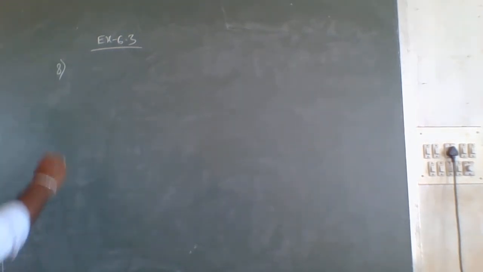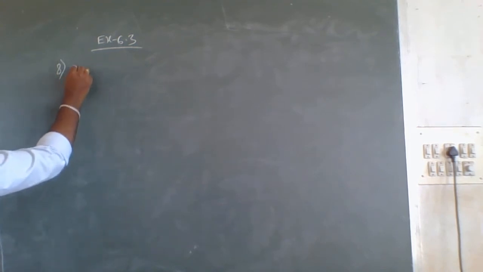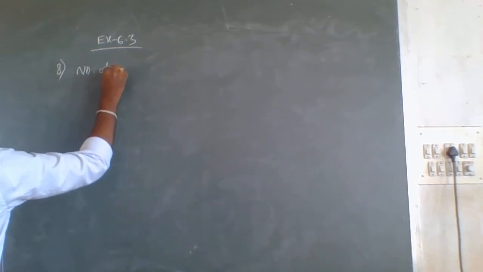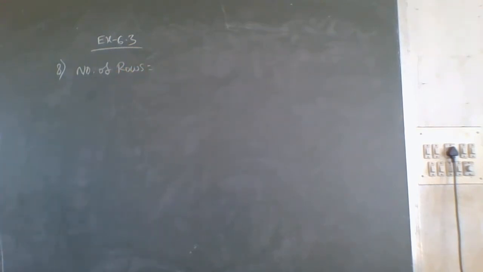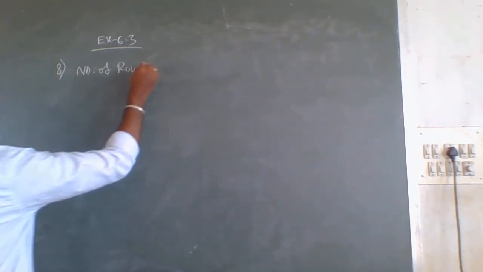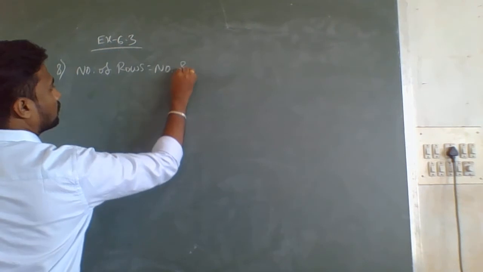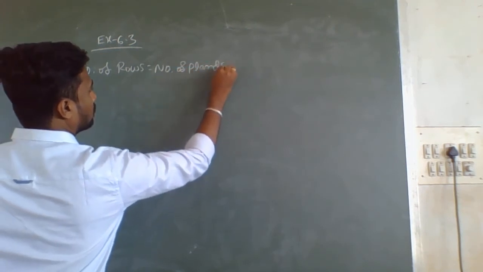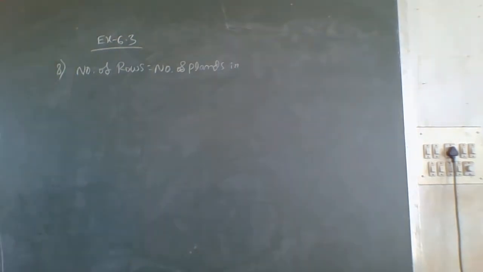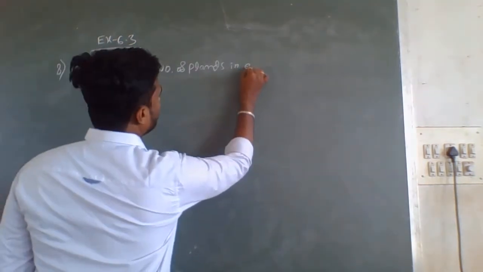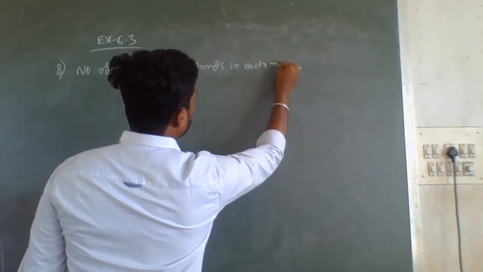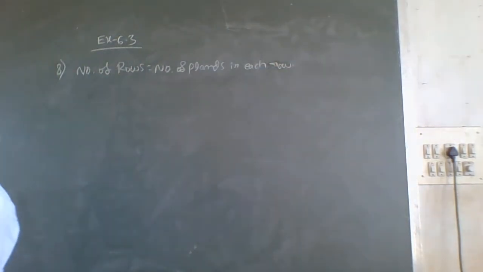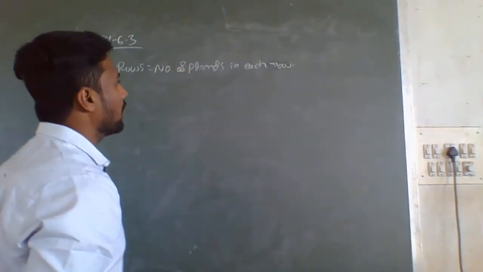So here we have to calculate the number of rows, which equals the number of plants in each row. In the question they have given that the number of rows equals the number of plants in each row.